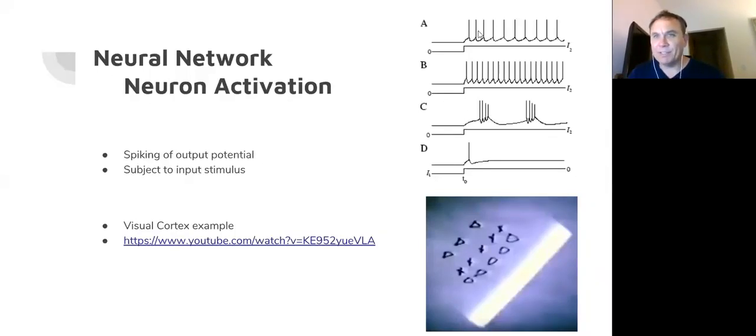A, you have a slower pulse. B, you have a faster pulse. C, you have pulsing action, like you have a pulse, then it's off, then it's pulsing, then it's off. So you can think of B as a 1, A as a 0, C as 1, 0, 1, 0. And then D would be 1 and then 0, flat after that.